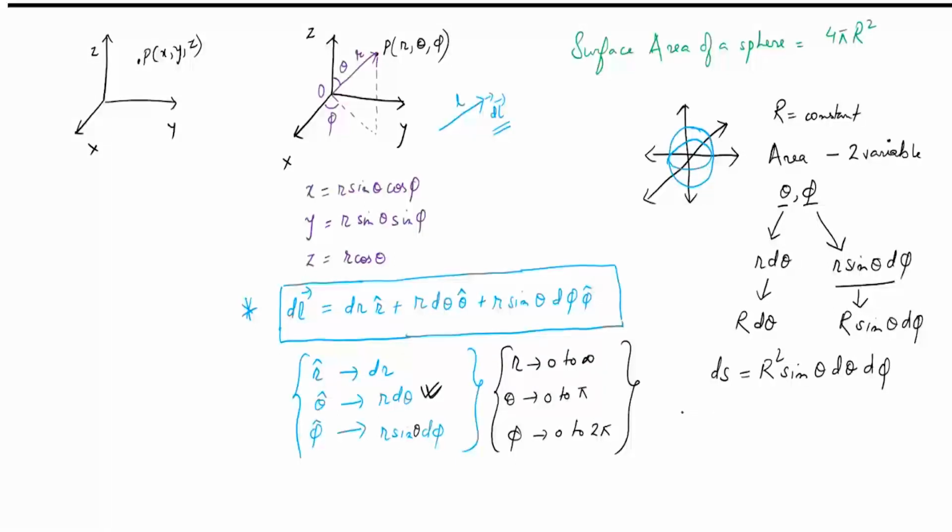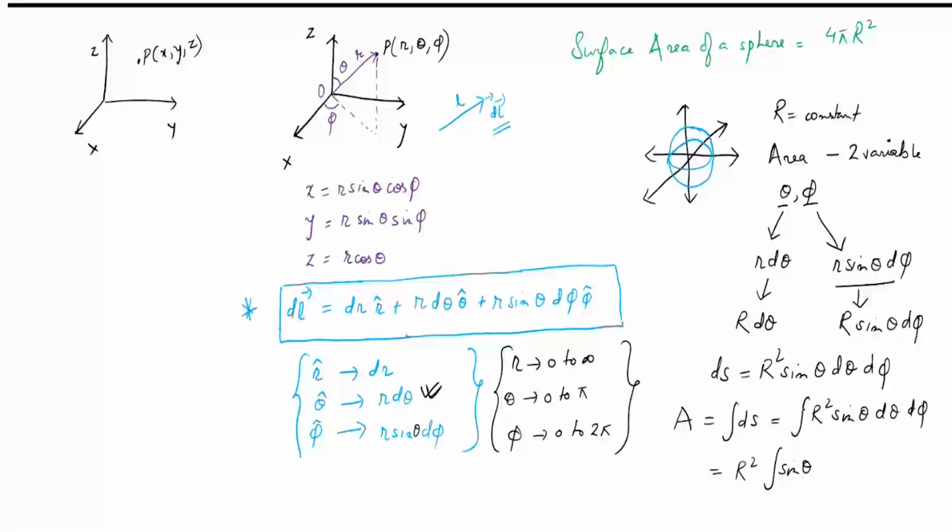Now the whole area will be given by the integration of ds. So when we do the integration, it will be r square sine theta d theta d phi. R square we can take outside.